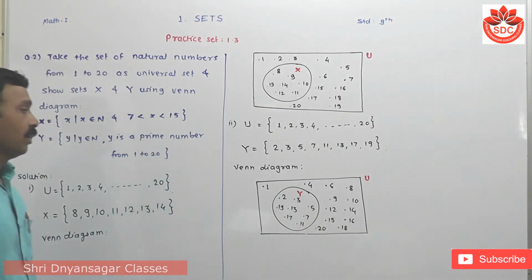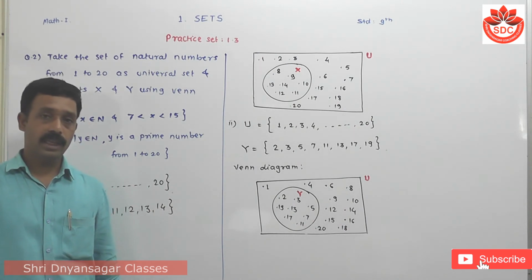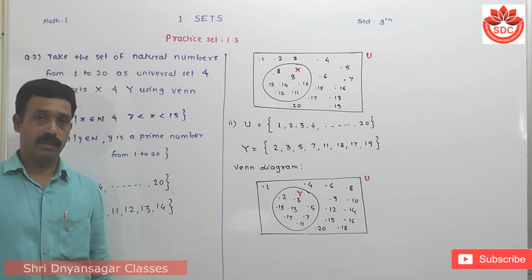This is the Venn diagram of the second question. Can you understand this? We see the next question.